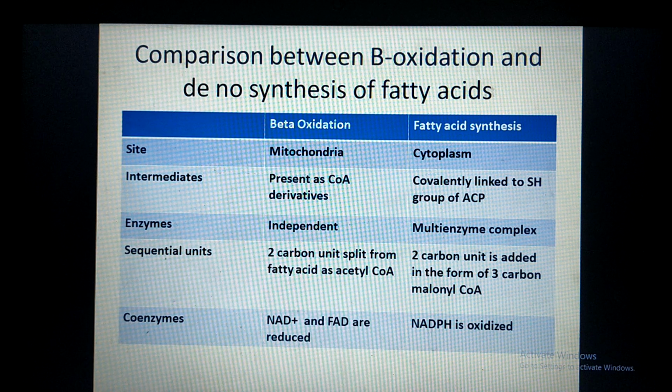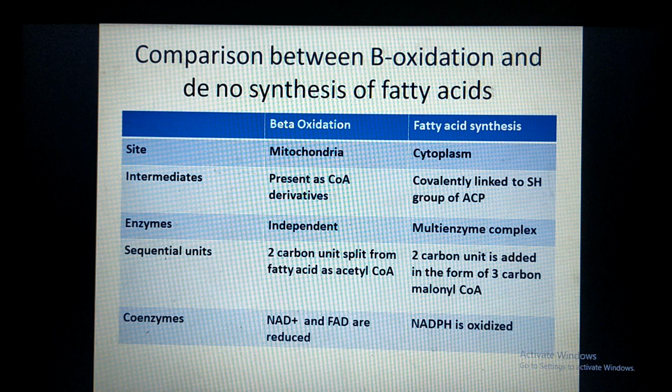Now enzymes of beta oxidation are independent or free, but the 7 enzymes of the fatty acid synthesis pathway form a multi-enzyme complex. In beta oxidation, at every cycle the fatty acid is broken down, 2 carbon atoms split from the fatty acid and are removed in the form of acetyl CoA.